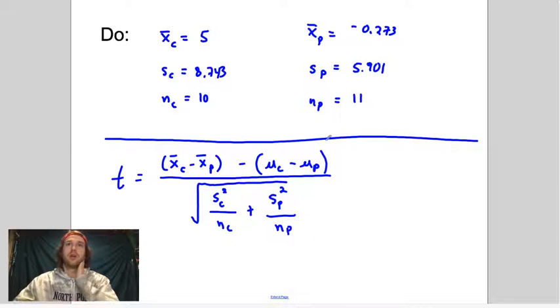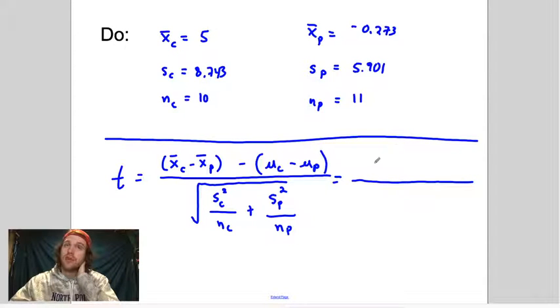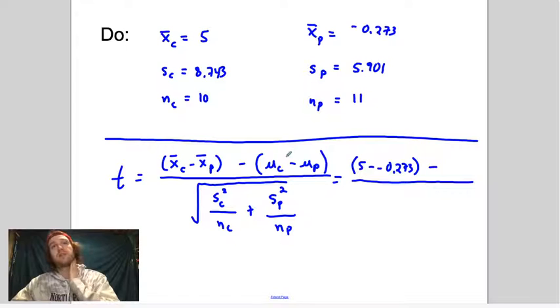All right, let's plug her in. I wonder if I can fit it right here. Yeah, we're going to do it. For here, that's going to be the difference is 5, be careful, minus negative 0.273, double negative there, minus, we are assuming for our test that these two are the same, just like we assumed Dylan was an 80% shooter when we did our simulation.